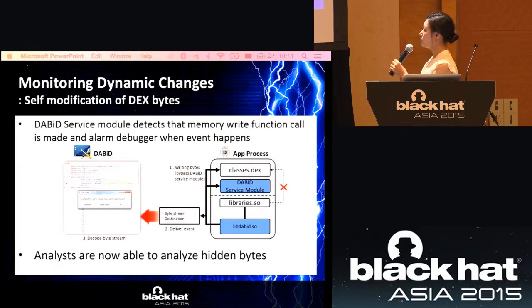The debugger interprets the message, alerts the analyst where in the DEX bytes is modified, and lets analysts examine those parts. Analysts are now able to analyze hidden bytes that change dynamically.